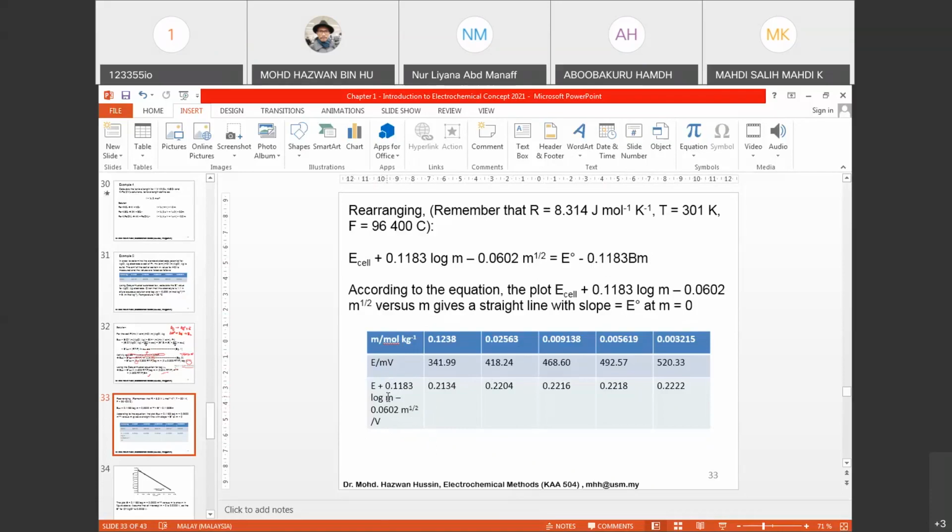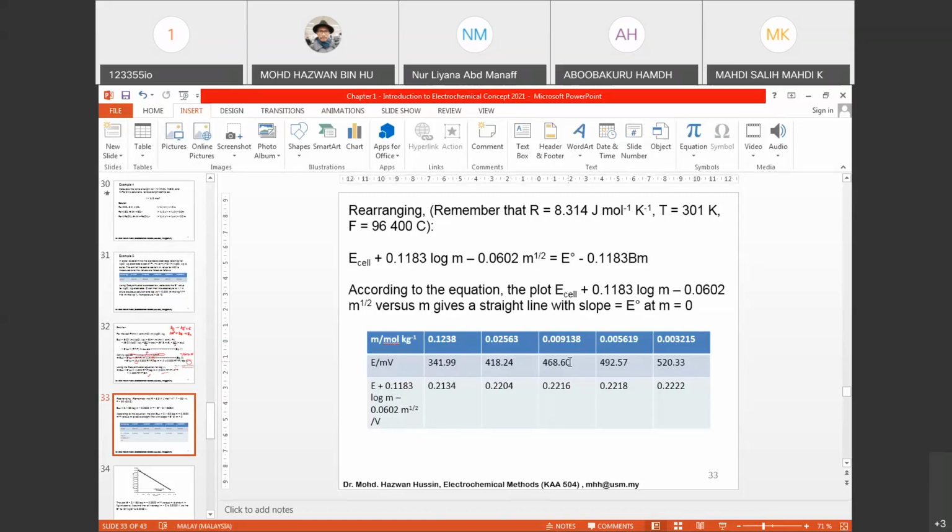So basically, you just substitute the potential value over here, plus 0.1183 log m. m is actually the concentration, and m to the power of half is also a concentration. And remember for this one, the potential value must be in volt, not in millivolt.